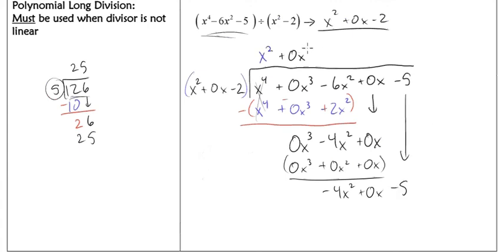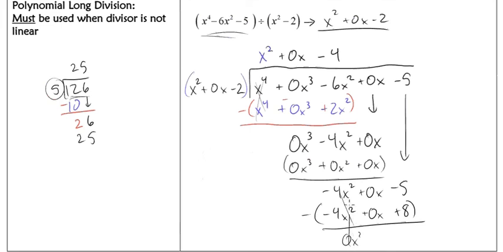Okay. Next, how many times does x squared go into negative 4x squared? That's going to be negative 4 times. So negative 4 times is negative 4x squared plus 0x and plus 8. And subtracting all these, negative 4x squared minus negative 4x squared gives us 0x squared.